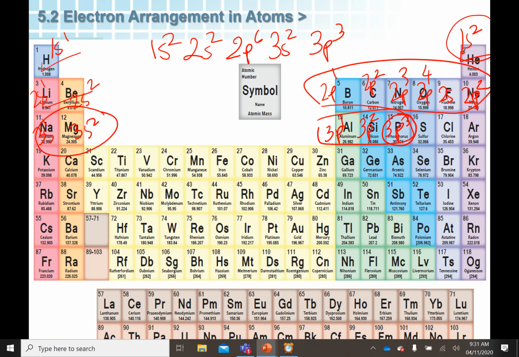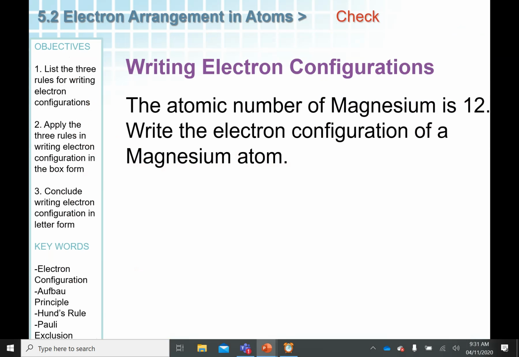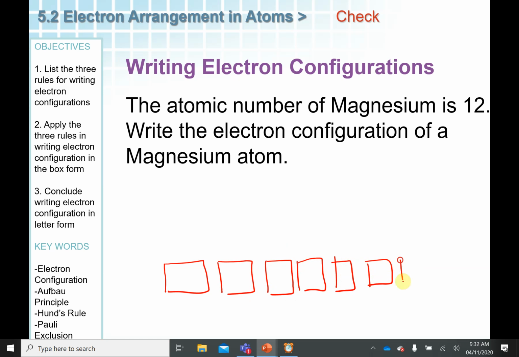Okay, now let's try to write the box diagram. We have to fill the s orbitals first, and then move on to the p. Can you fill it on your own? What do you think?